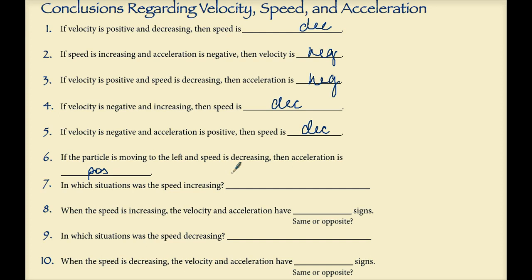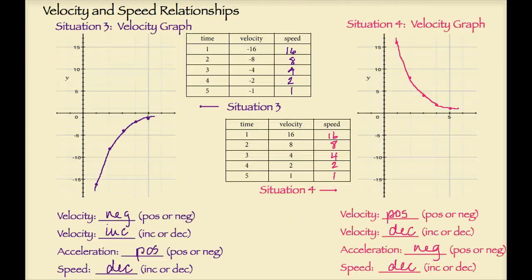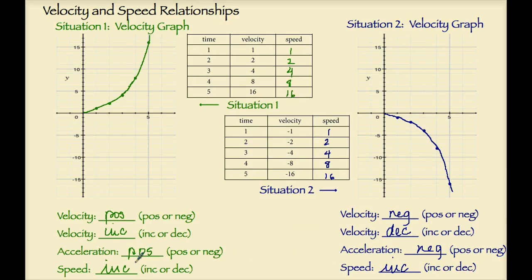In which situations was the speed increasing? Let's see. In situations 3 and 4, speed was decreasing. In situations 1 and 2, speed was increasing, specifically when velocity was positive and acceleration was positive, or when velocity was negative and acceleration was negative.